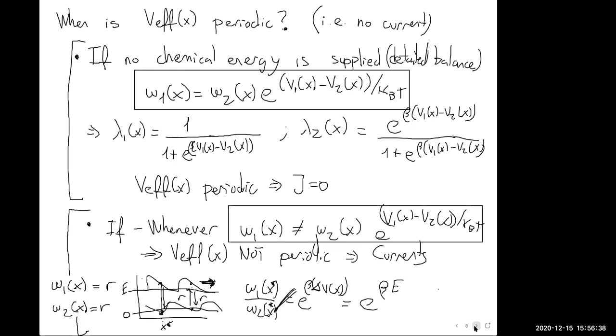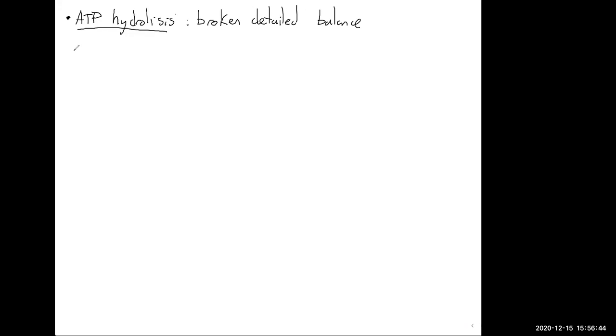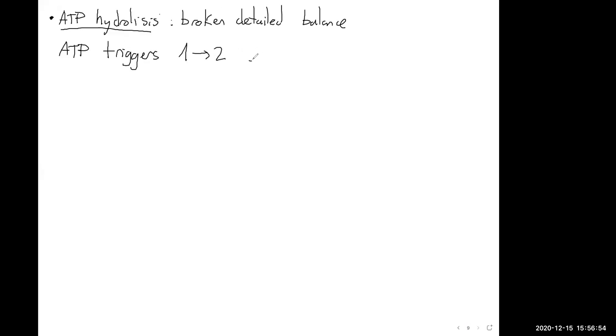The way we can model it is as follows. ATP hydrolysis triggers 1 to 2. So when we are in the bottom potential, when we are attached, we use ATP to be detached. But in the attachment, we are not using ATP. It makes sense, this type of one.